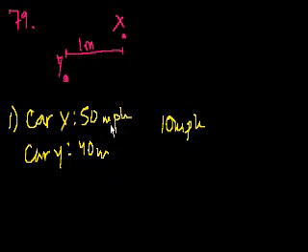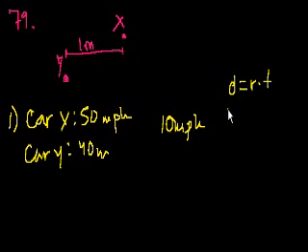So how long does it take for it to pull away another mile? If you're going 10 miles per hour relative to something else, how many minutes does it take to go a mile? Distance is equal to rate times time.